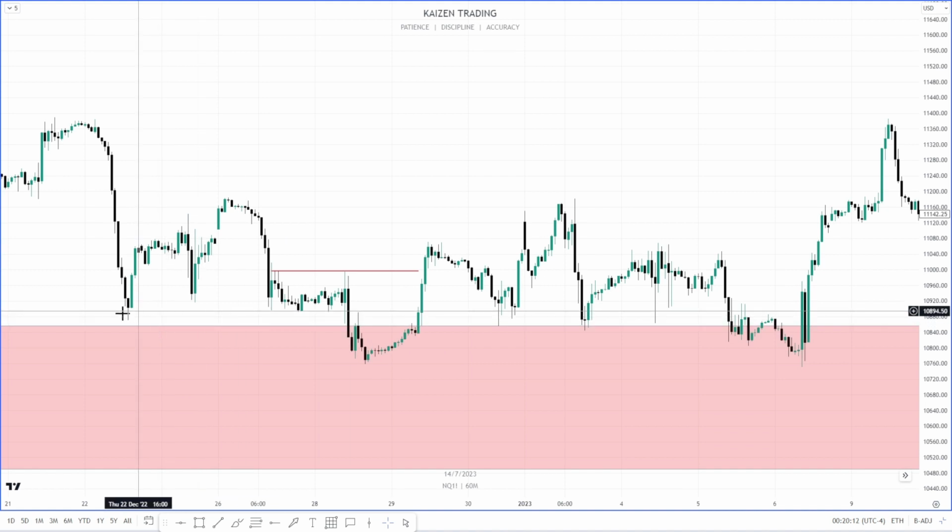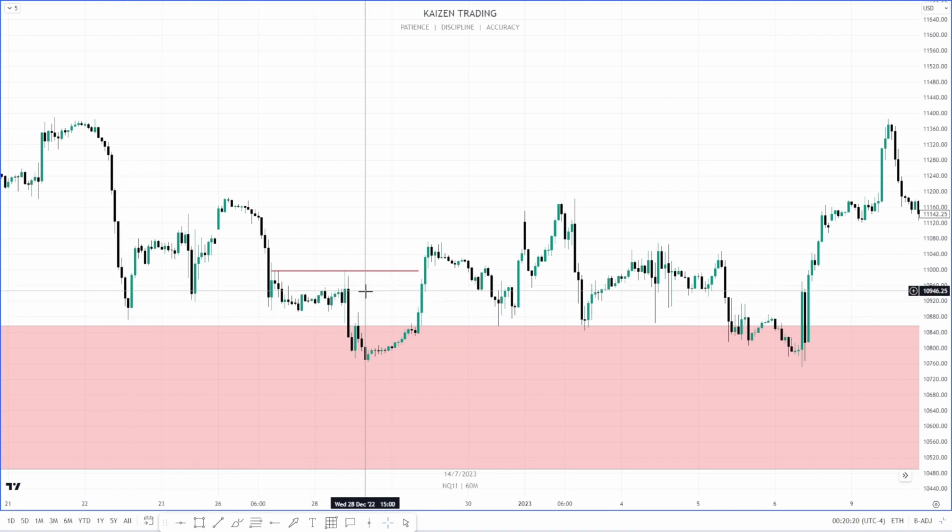And this is a mitigation block. So that kind of runs right into this mitigation block. And then price finishes off into the afternoon with a PM session dump taking out this low.